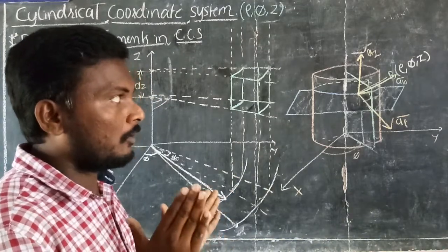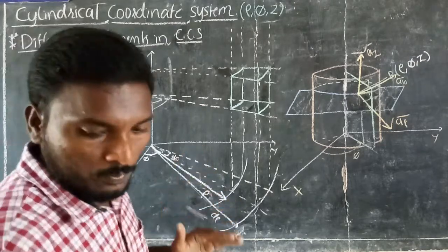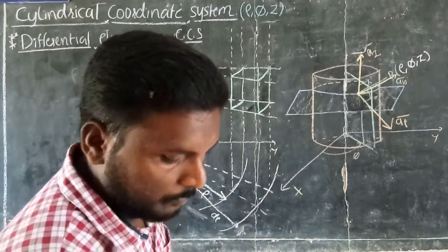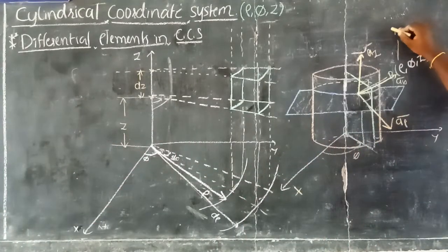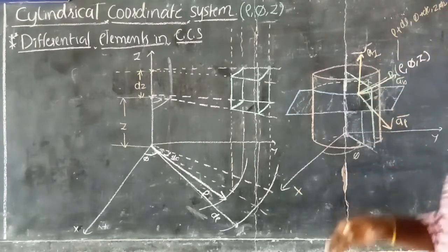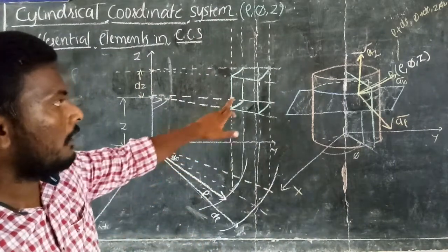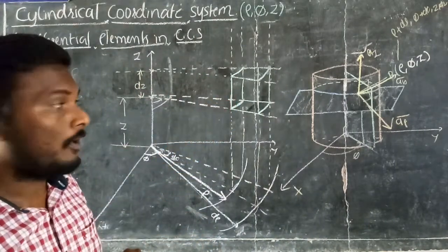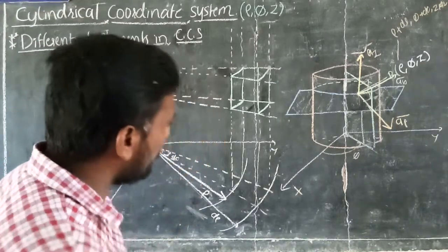The old surfaces have rho, phi, z, and the new surfaces are rho plus d rho, phi plus d phi, and z plus dz. If you combine all 6 surfaces together, you will get a small differential value element.